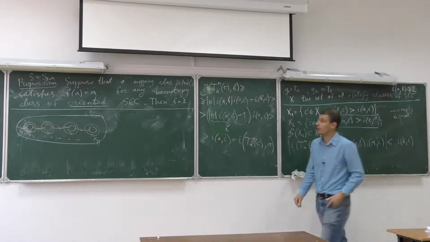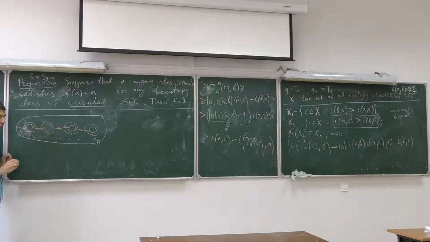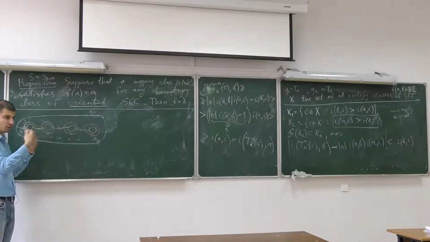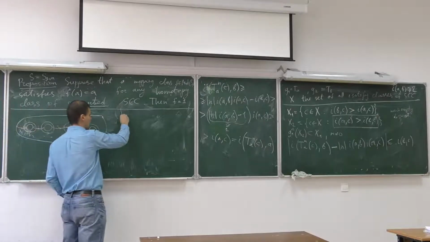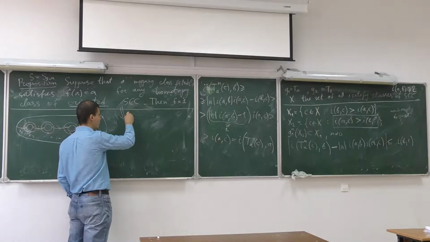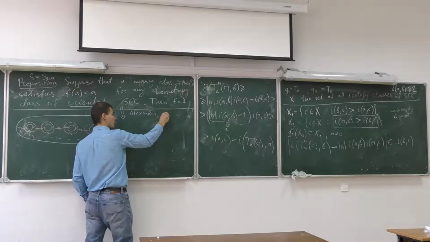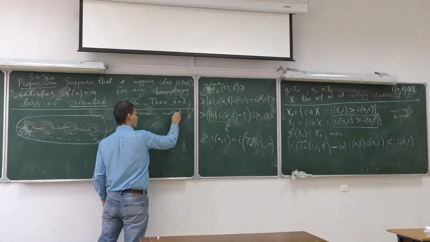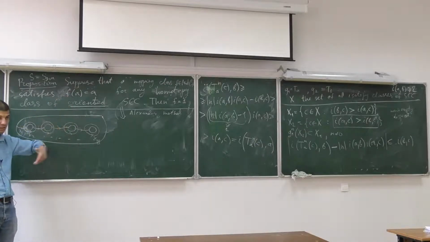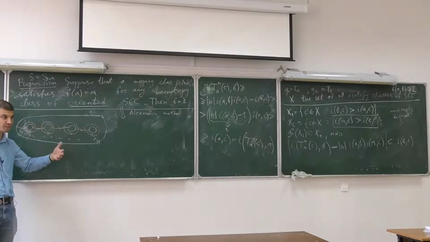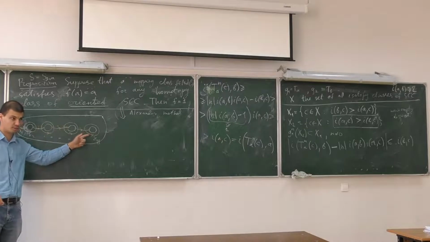So if we have a mapping class that takes any of these curves to itself, up to isotopy, then by our proposition which we proved last time, this Alexander method says that this mapping class can be represented by a homeomorphism which takes all these curves to themselves simultaneously.